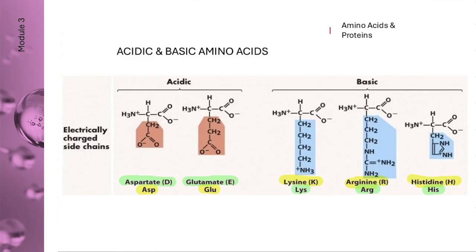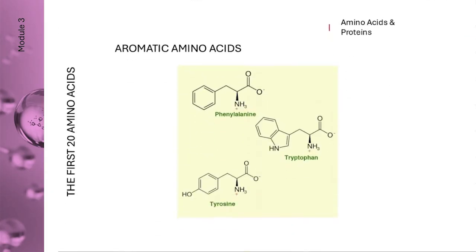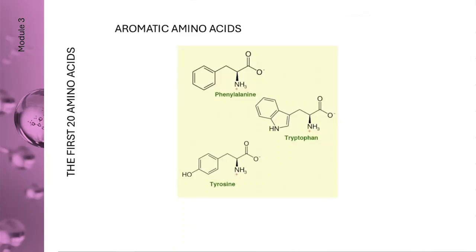So we'll move to aromatic amino acids. The aromatic amino acids are the amino acids that carry a benzene ring. You can see them, a benzene ring. And so you have phenylalanine as one of them. And phenylalanine, remember, is an F, first letter, and 3-letter PHE. Tryptophan is also an aromatic amino acid.